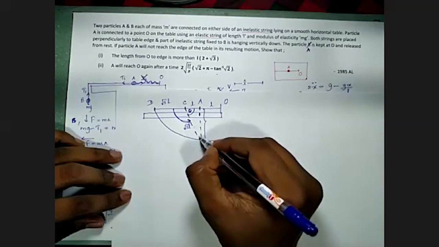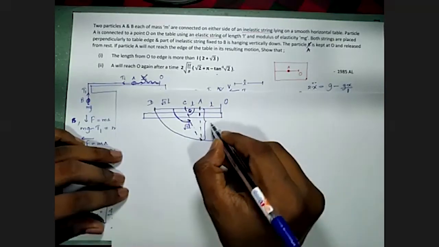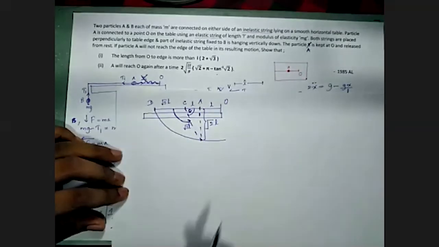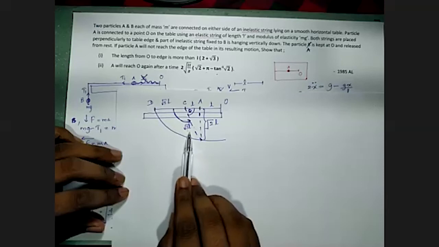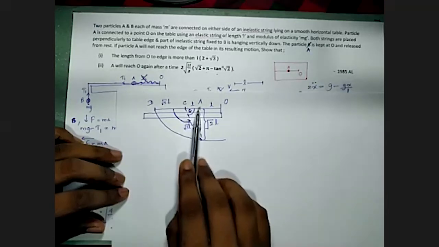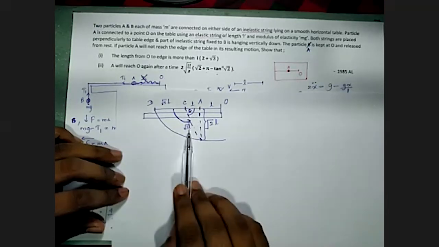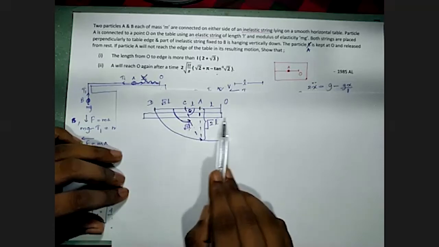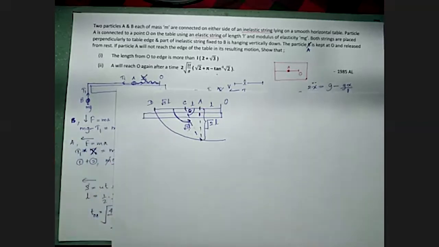We can't consider root 3L, which is the hypotenuse. Then from Pythagoras we can find this is root 2L. Take the square of hypotenuse, take the square of this side, subtract these two, which will give you 2L square. Take the square root, is root 2L.